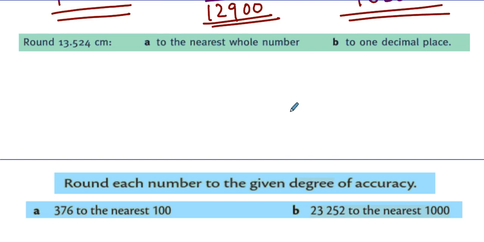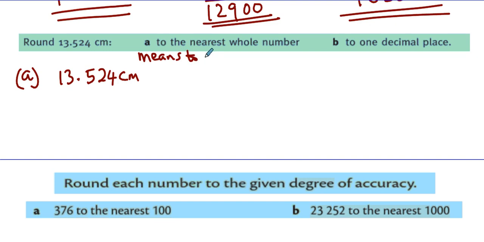Okay, round this number to the nearest whole number. This is A. Round 13.524 centimeter. Round that to the nearest whole number. Now, to the nearest whole number means to the nearest ones.